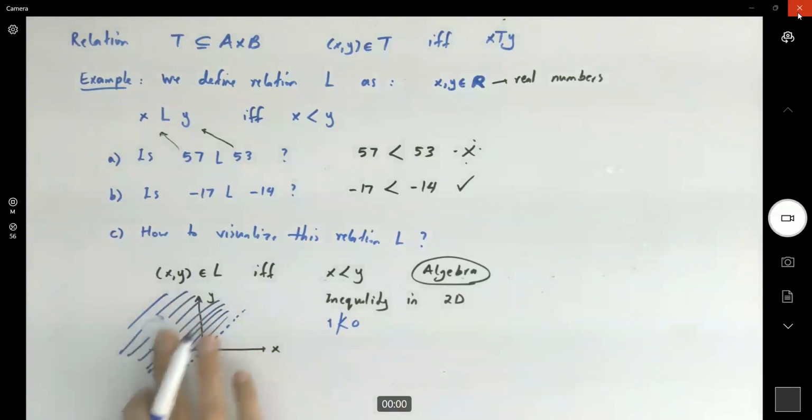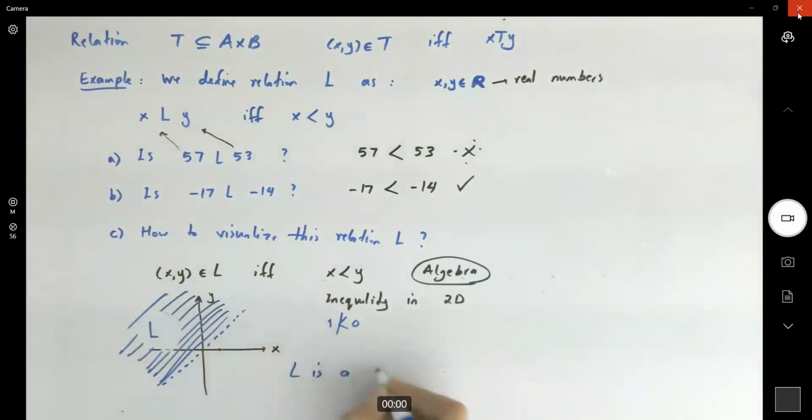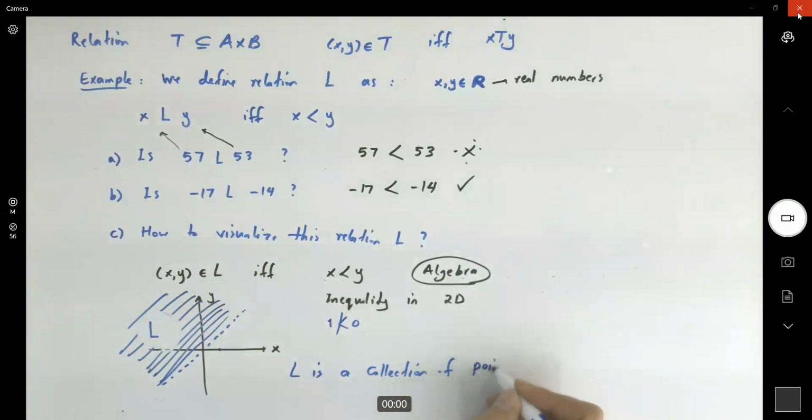This is your relation L. L is a collection of points, or in this case, the solution for this inequality.